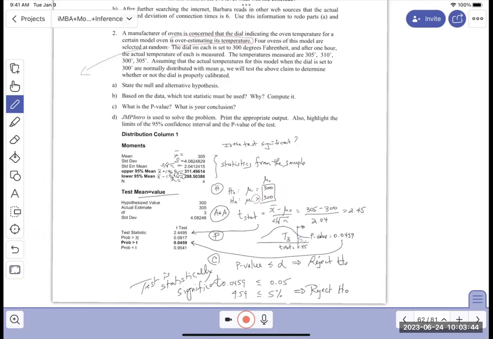So there is sufficient evidence to suggest the temperature is overestimated. Okay, good.